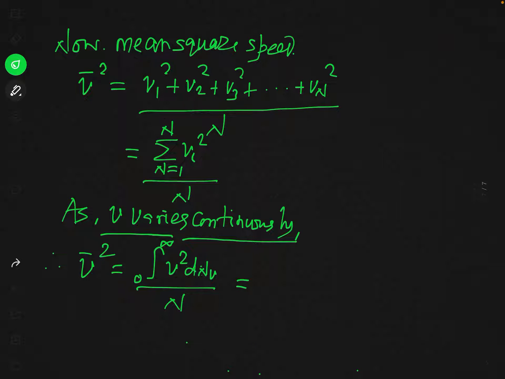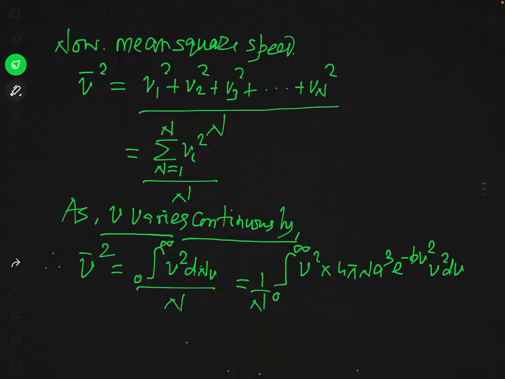Now let us put in the value of dnv from the result which we obtained just now. So this will be the integral from 0 to infinity of v square, and you have seen that dnv is equal to 4 pi n a cube e raised to the power minus bv square times v square dv, and this is over n.